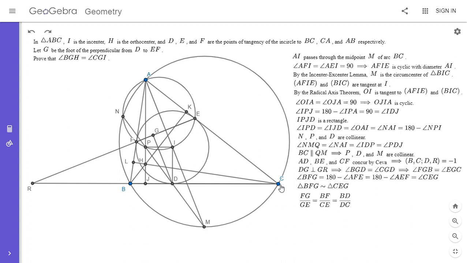All right. So where do we go from here? What I'm going to do is note something.